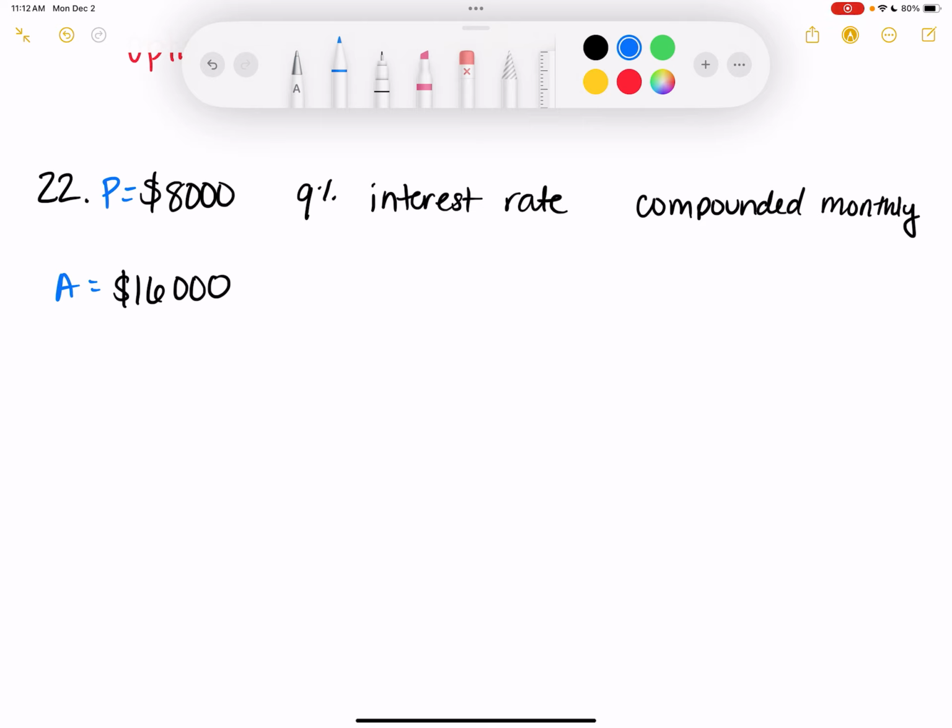So R equals 0.09. What does it mean for it to be compounded monthly? 12 times per year. So K is equal to 12. And we want to know how long it's going to take, so T is what we are trying to find.